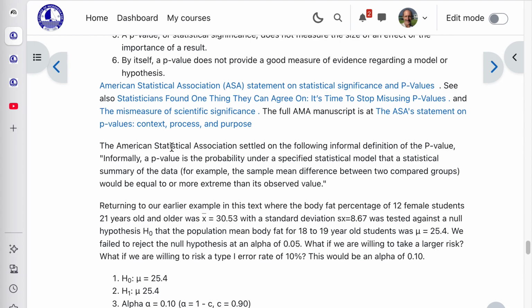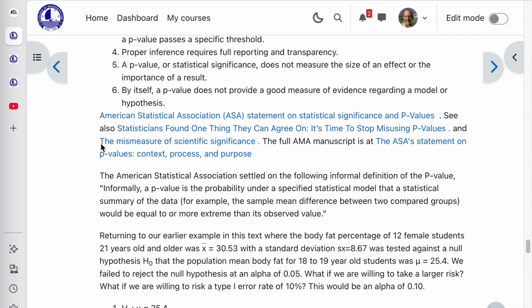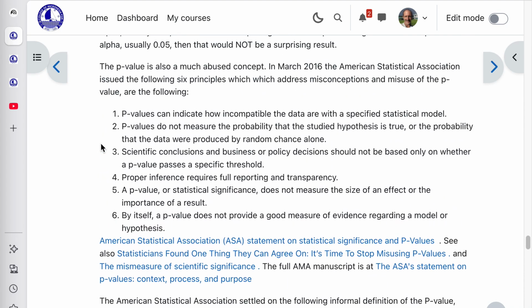But the p-value takes a look at, say you have two means, two different averages, or two different percentages, and tells you whether or not it's surprisingly different or not surprisingly different. And that's about all you can say about the p-value in this case.